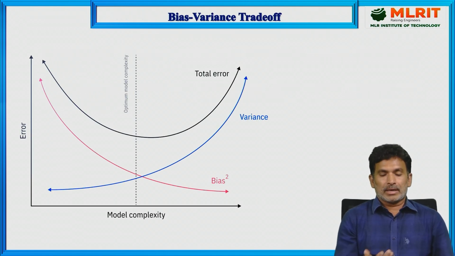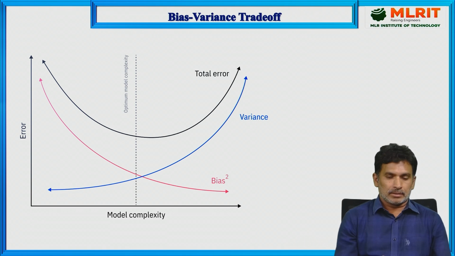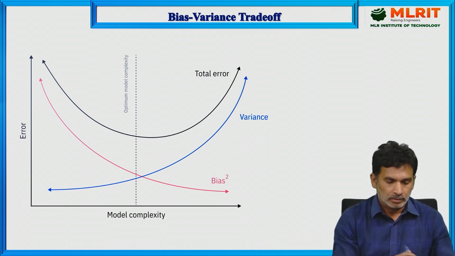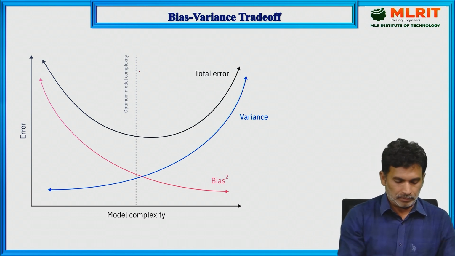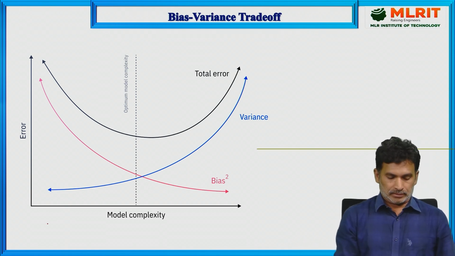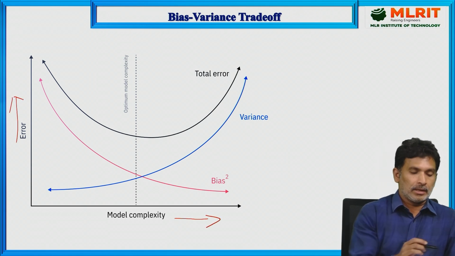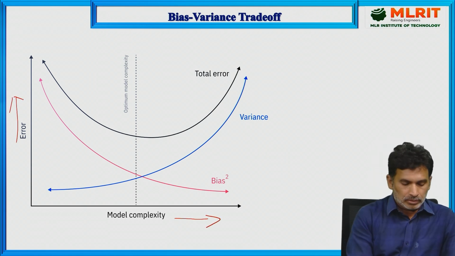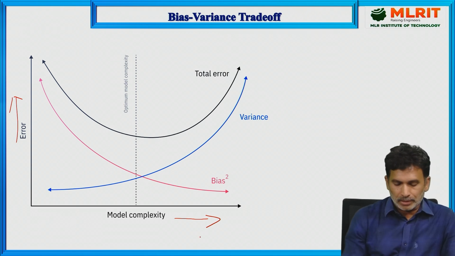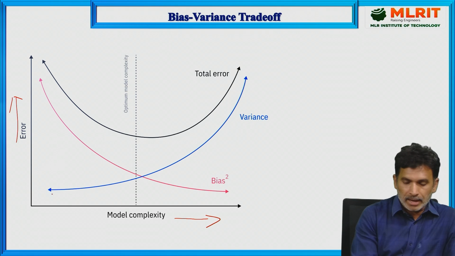Next, if you look at the bias and the variance, you can see from this diagram how we can select the optimal one. This is the optimal model complexity. On the x-axis is the model complexity, and on the y-axis the error.